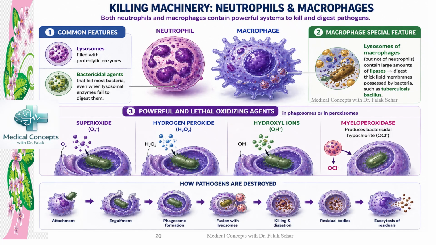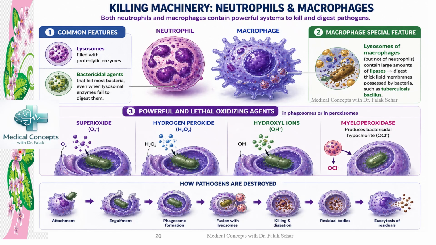During the respiratory burst, these cells generate highly reactive oxygen species, including superoxide, hydrogen peroxide, and hydroxyl radicals, which rapidly destroy bacteria. In neutrophils, the enzyme myeloperoxidase converts hydrogen peroxide into hypochlorite or bleach, one of the most effective antimicrobial agents produced by the body.